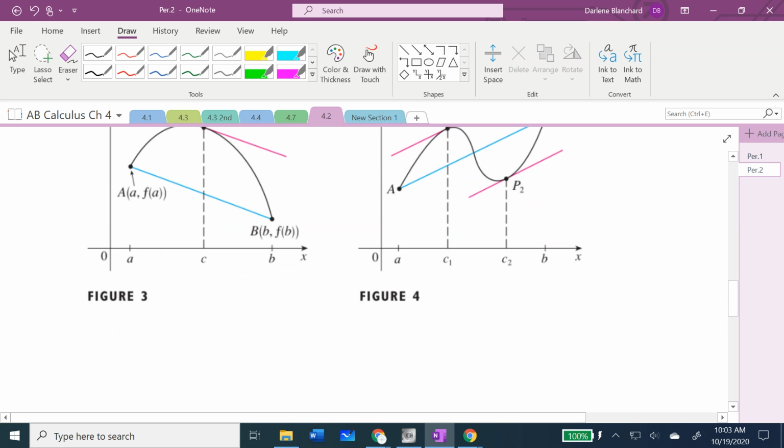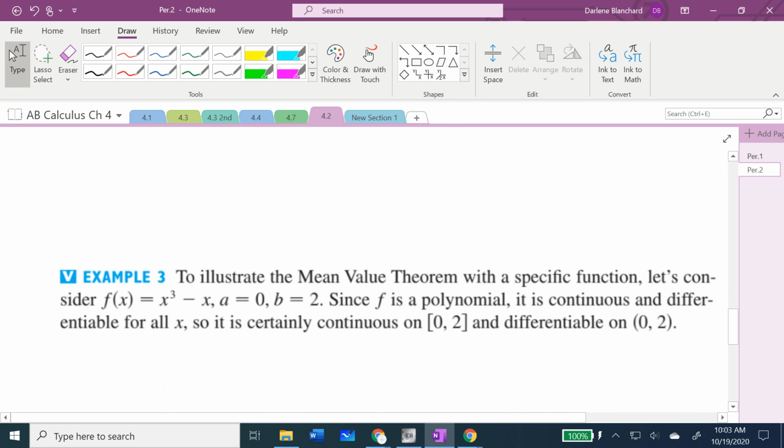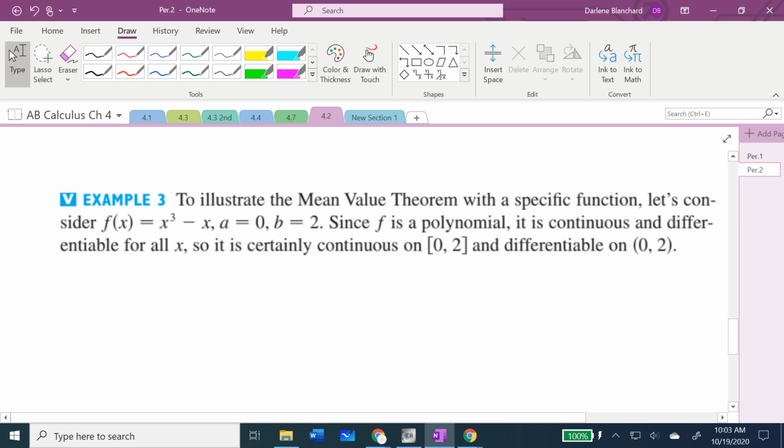And now let's do an example. We're going to specifically deal with this function over the closed interval 0 to 2.